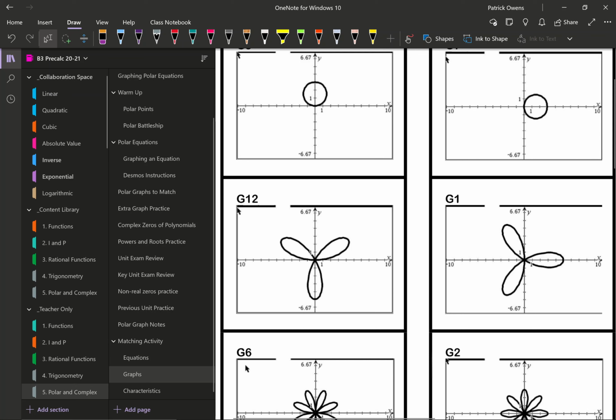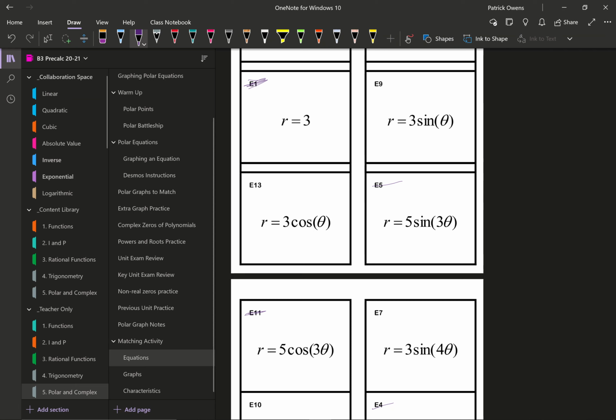All right, we are moving along. So that means if we can find the other one, we may as well do it now, even if it's not E6. So E11, that 5 cosine of 3 theta, that is the G1. Same idea with the 5 being the petal length, the 3 telling us we have 3 petals, but cosine, it's symmetric about the x-axis.